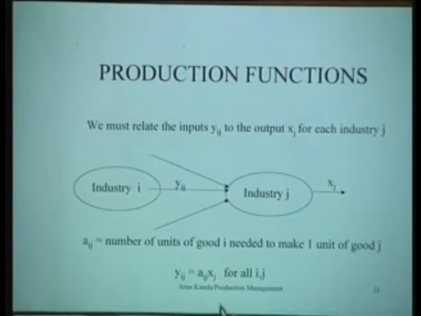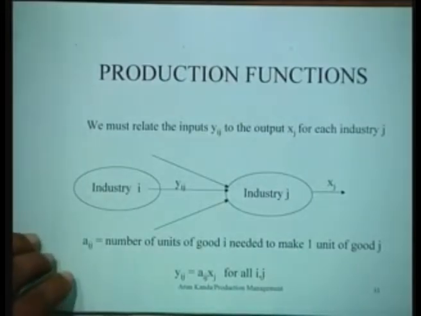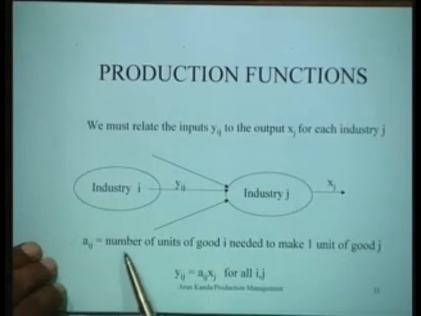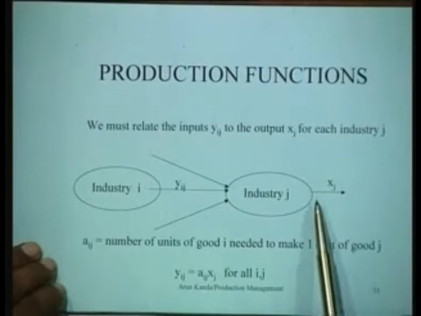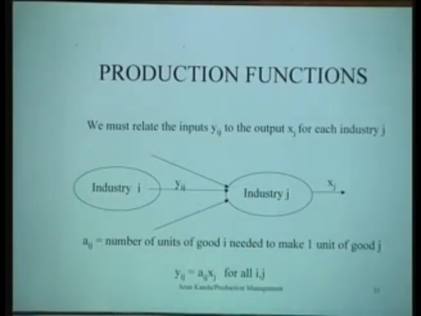So what is the significance of this Aij? You can see from this equation, Yij divided by Xj would be Aij, and Aij would then have the interpretation of the number of goods I needed to make one unit of good j. If this sounds a little complicated, let us take a humorous example.